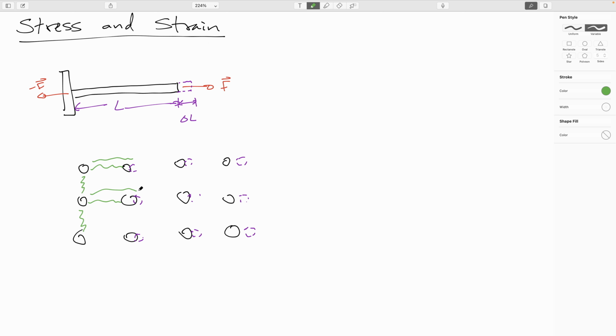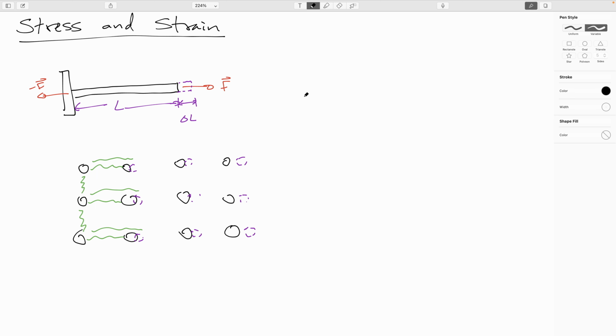Same with this one, and so forth. So we can start to think about how much each bond gets stretched by. Can we come up with some sort of proxy for the average force that we apply on these molecules to stretch the bond a bit?